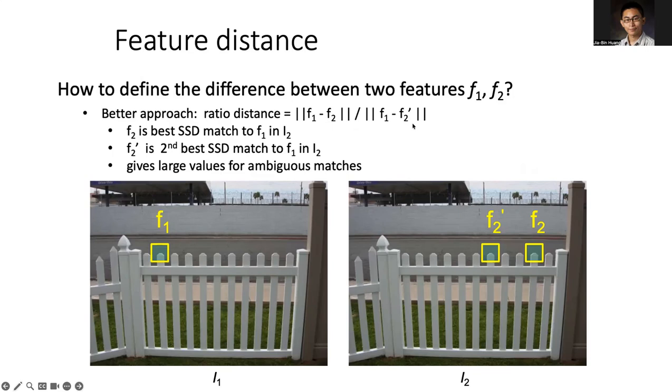If the ratio is high, close to 1, it means the second closest neighbor is also very close compared to the closest one, which means it's an ambiguous match.